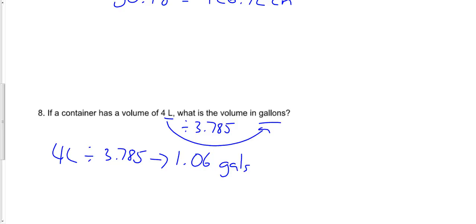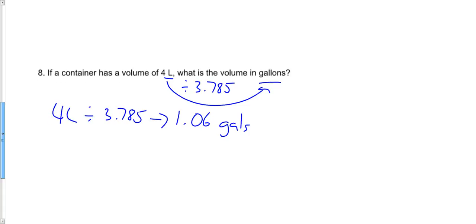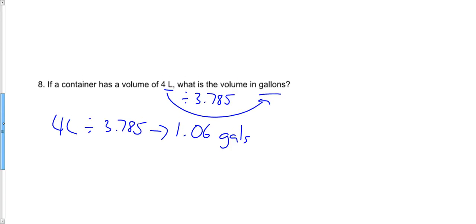Okay. So again, when you're doing your conversions from metric to imperial, or imperial to metric, you're either multiplying or dividing based upon your conversion rate that's given to you in the table. So that's a helpful skill to be able to have as you're going forward.